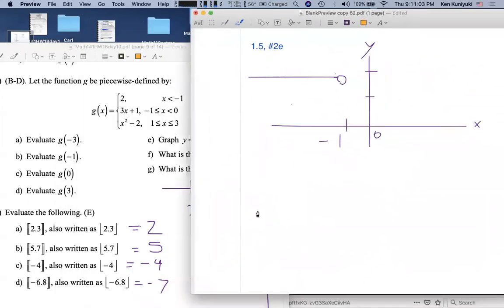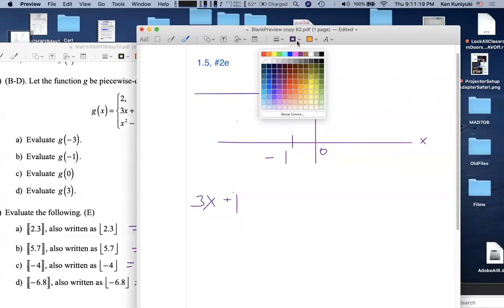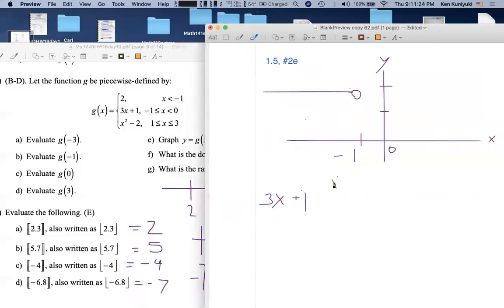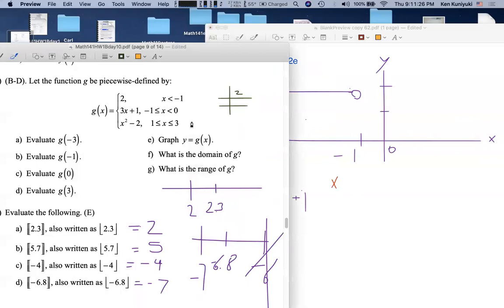Okay, that's where we work out the endpoints. So over here, x equals -1, x equals 0.